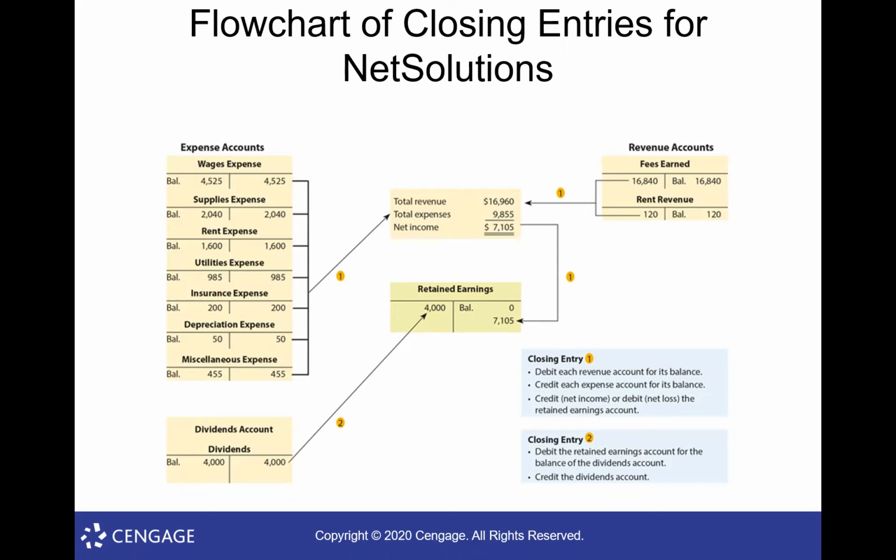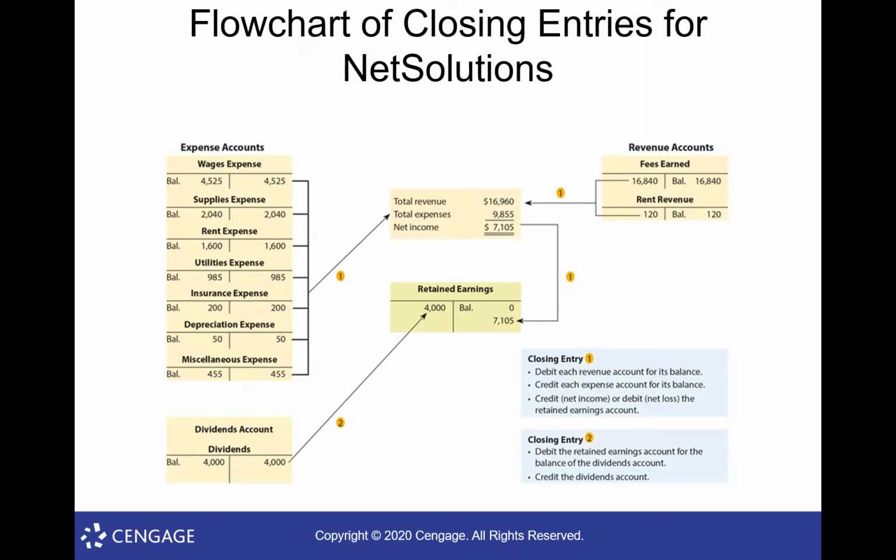Okay. Then we're going to look at our revenue accounts. We had two of them, if you remember. One was fees earned, the other was rent revenue. They both had credit balances because credit balance is the normal balance for a revenue account. So to close those, we're going to debit the account. So fees earned will debit $16,840. The new balance of that account will be zero.